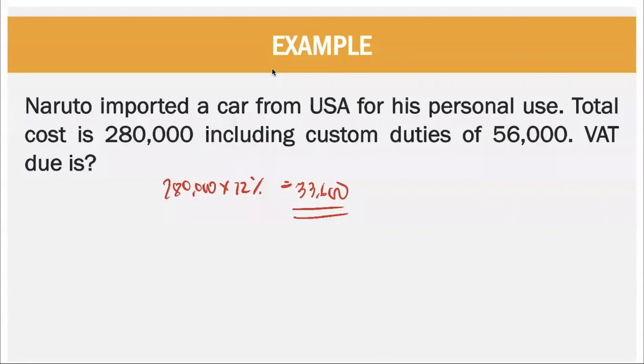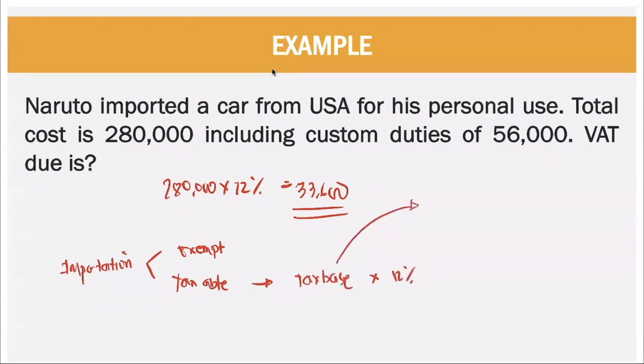So again, for your importation, first you need to know if that importation is exempt or taxable. Once you know it is taxable, meaning it is not one of those items under your exempt transactions, how do we compute for it? We get the tax base, we multiply it by your 12%. What are the items of your tax base again?